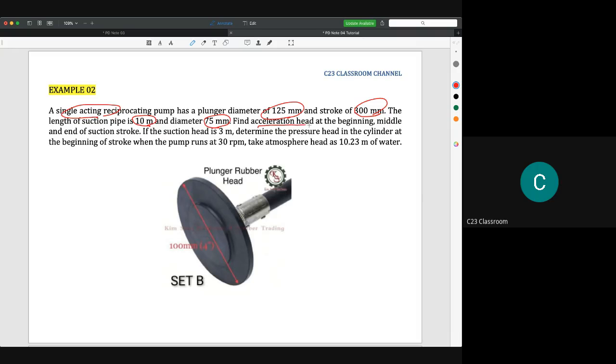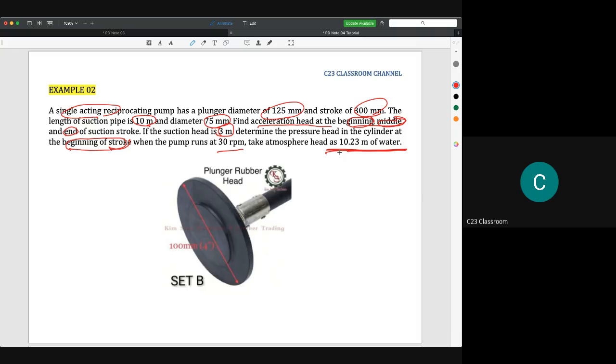Find the acceleration head at the beginning, at the middle, and at the end of the suction stroke. If the suction head is 3 meter, determine the pressure head in the cylinder at the beginning of the stroke, when the pump runs at 30 RPM. Take the atmospheric head as 10.23 meter of water.